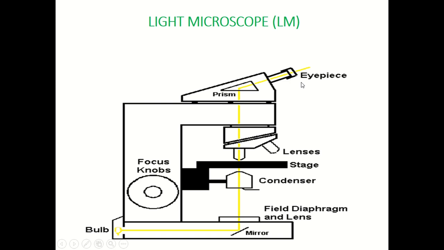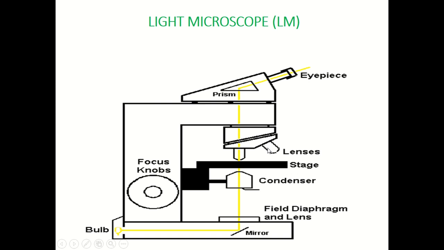We have the eyepiece here, which normally can magnify the sample about 10 times, and then the prism used to reflect or refract the light source from here, but for the light source, field diaphragm, and also the lens. This is the mirror to transmit the light here, the condenser, and here we're going to put our sample on the stage and we hold it by using a stage clip. And then these are the lenses.